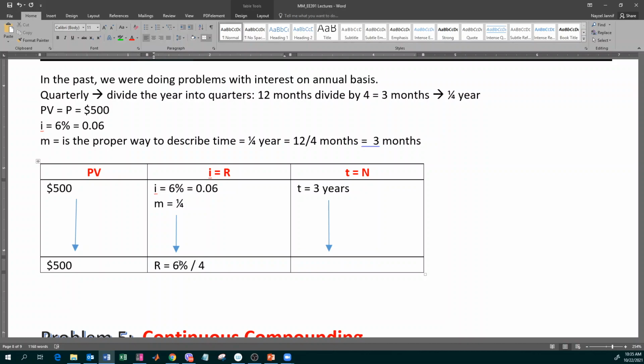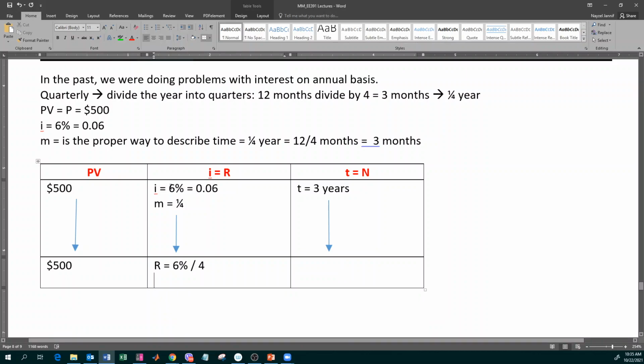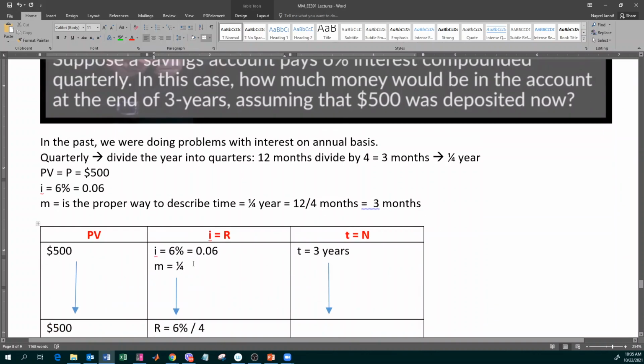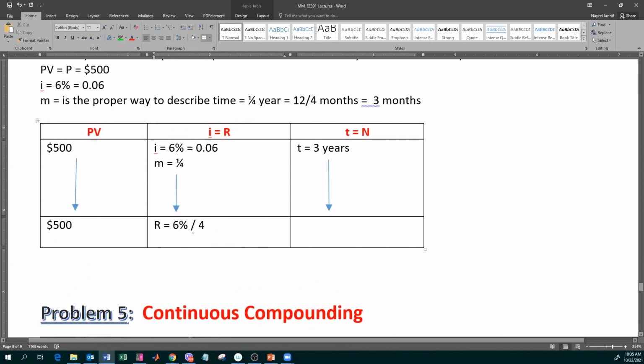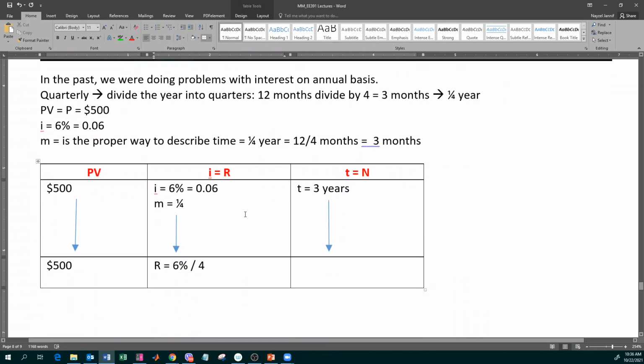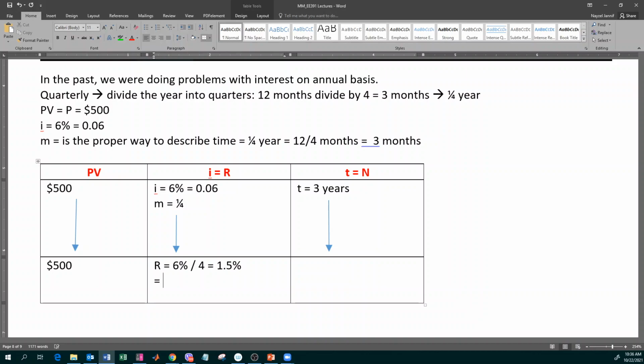Why divided by 4? Because 6% is an annual interest rate. Whenever they mention the interest rate, it is given annually. So we have to divide by 4. That equals 1.5%, which is equal to 0.015.